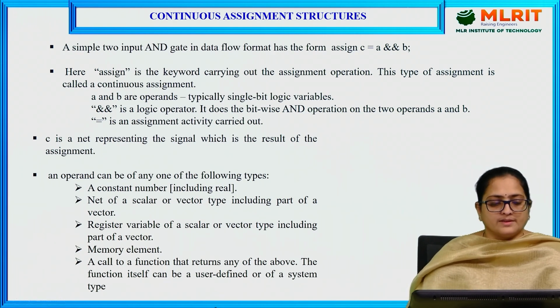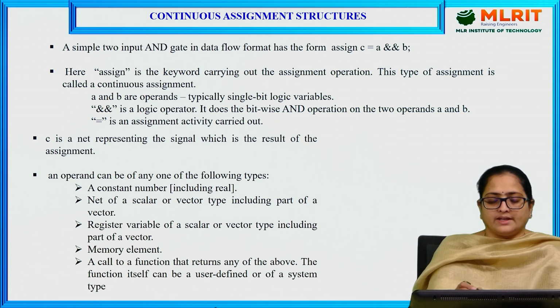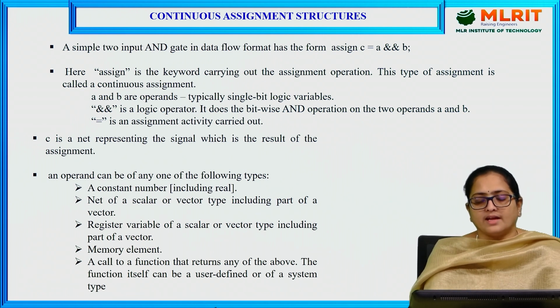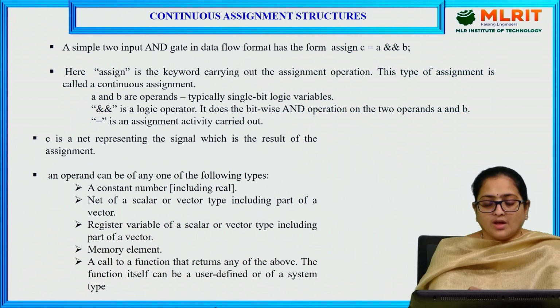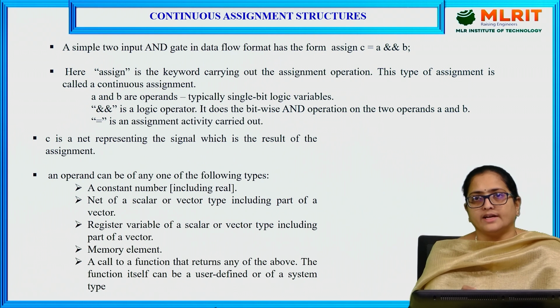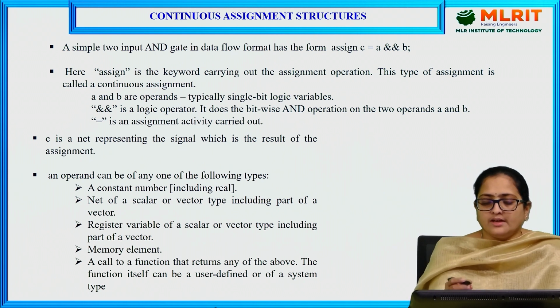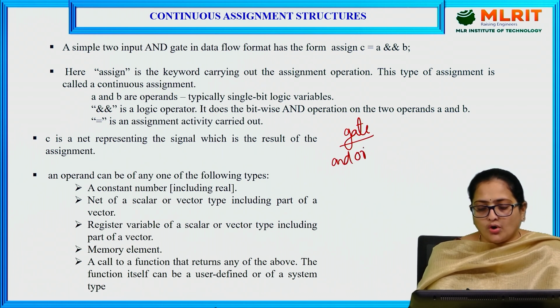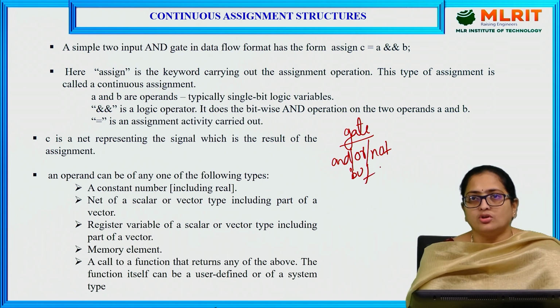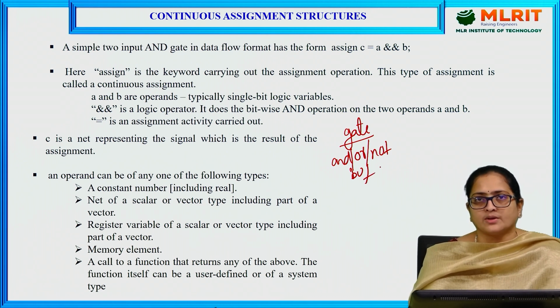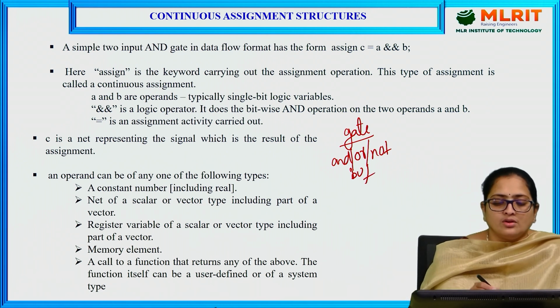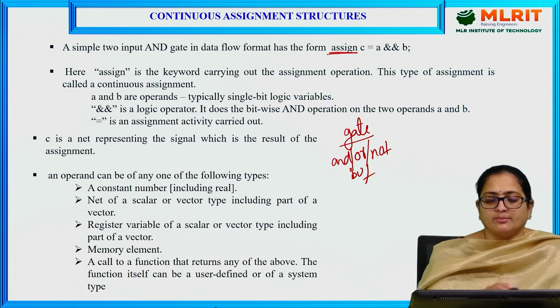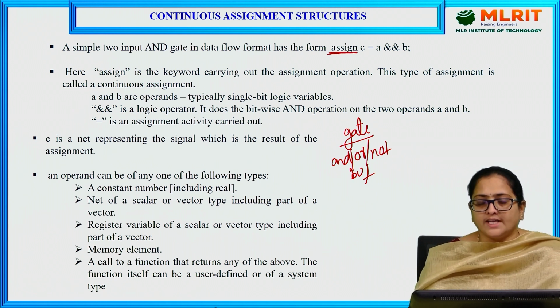Here, for a simple AND gate, let us see how to write Verilog code in a design description at the data flow level. In gate level designing, we have primitives like AND, OR, NOT, buffer, etc., for all the logic gates which are available in digital circuits. Whereas here, we will be using a continuous assignment structure to assign a value.